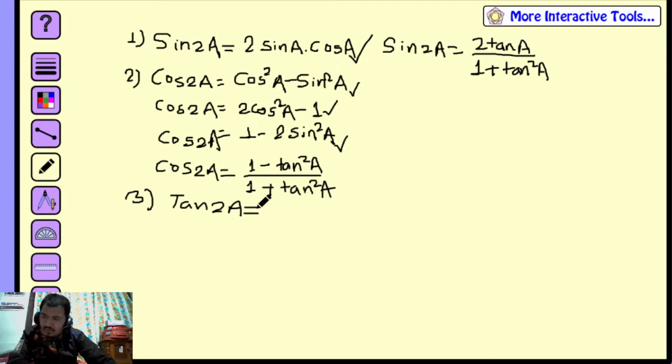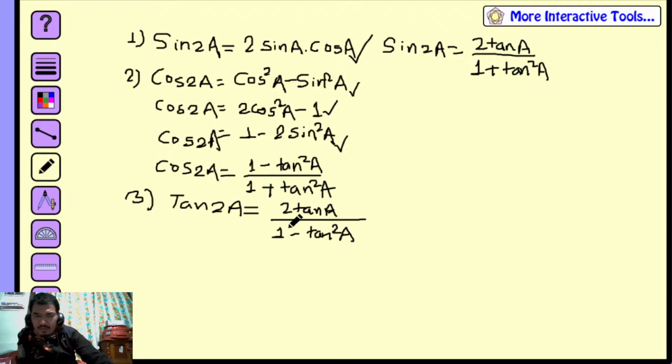Suppose it has asked tan 2A in terms of tan A, then we have to write 2 tan A up, and down there will be 1 minus tan square A. Here will be 1 minus tan square A. Tan 2A in terms of tan A, okay?